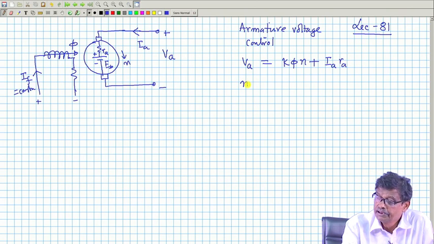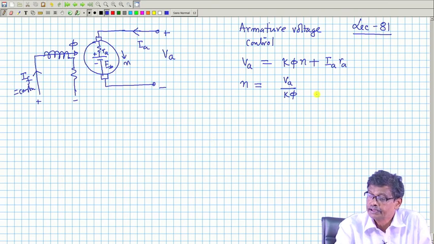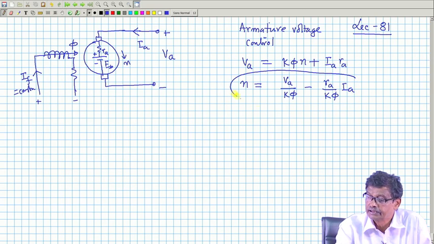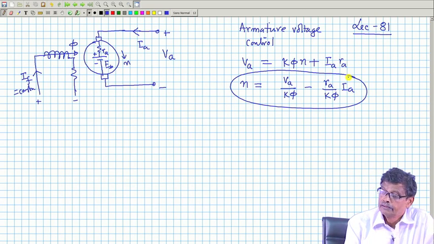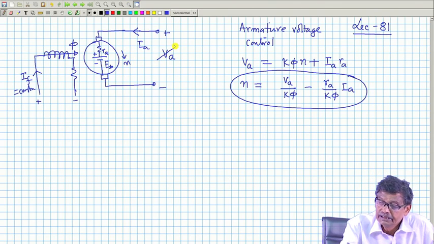Then your speed will be equal to V A by K phi minus R A by K phi into I A. This will be the basic equation. Now, this armature voltage I will control.